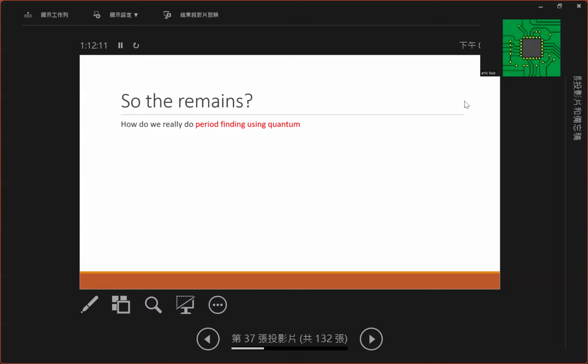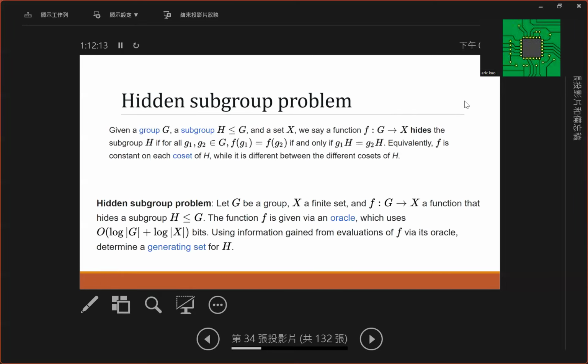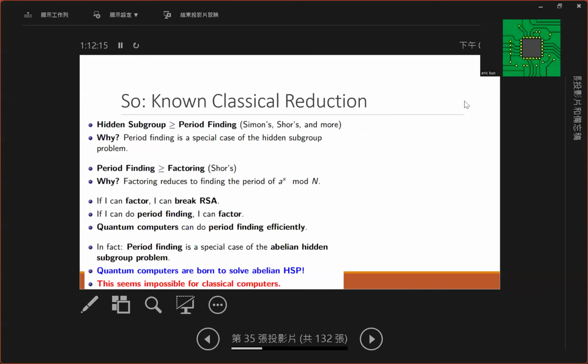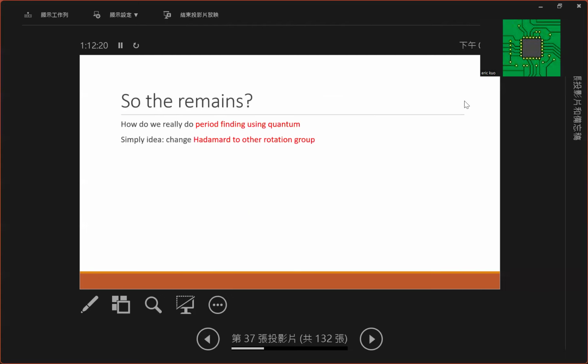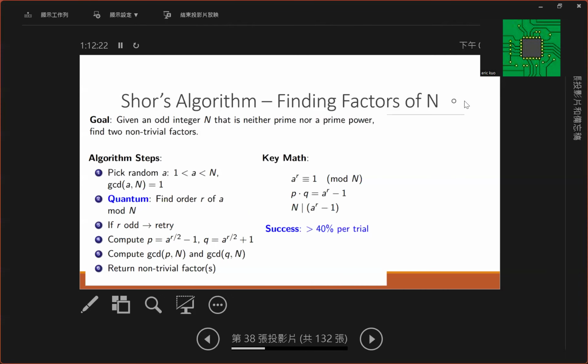So simply speaking, this is Shor's algorithm. Shor's algorithm is just a mix of classical algorithm and a quantum function.